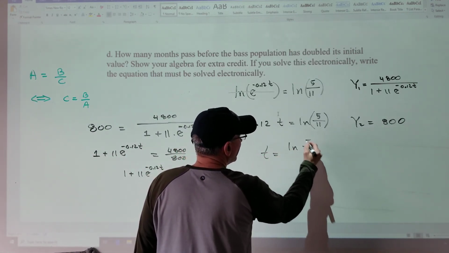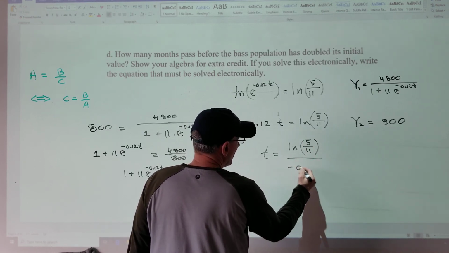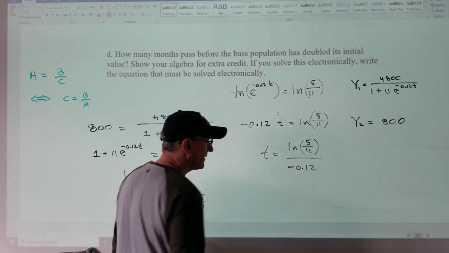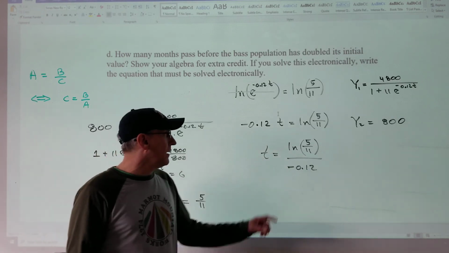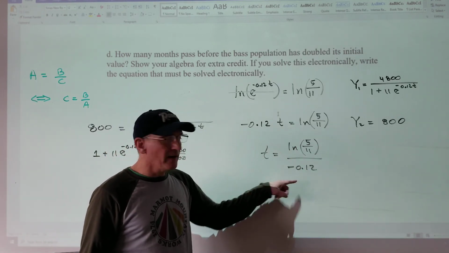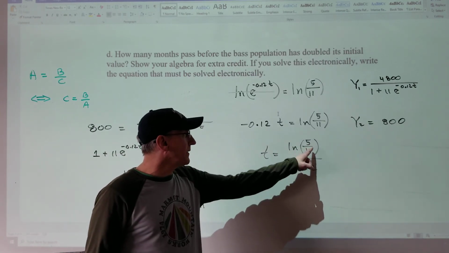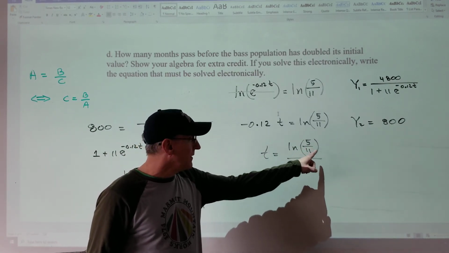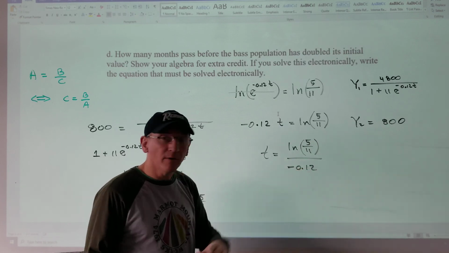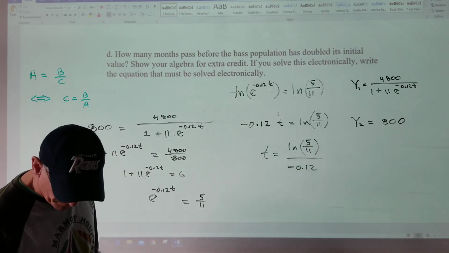Now, if you see this and you start pushing it into your calculator, you may be worried that positive divided by negative, I'm going to get a negative time. No, you're not. You're taking the log of something that's positive but smaller than 1. Folks, these are both negatives.